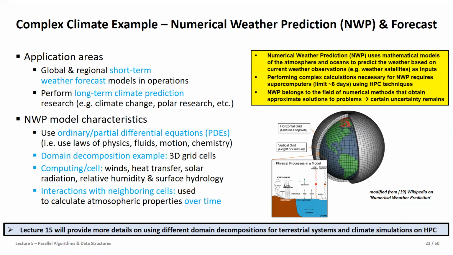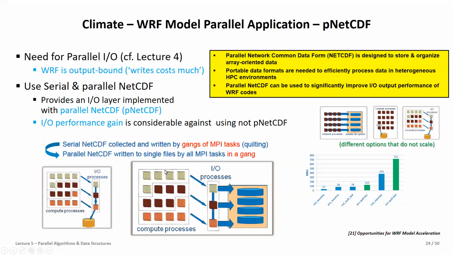And we will see different domain decompositions, how we can cut the big problem of weather predictions of the whole Earth or of regional areas into smaller pieces. And all of them have physical processes and need interactions. And you can nicely parallelize this. This is something we will show in later lectures.